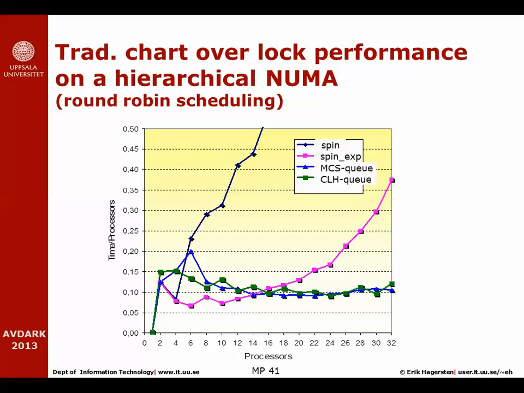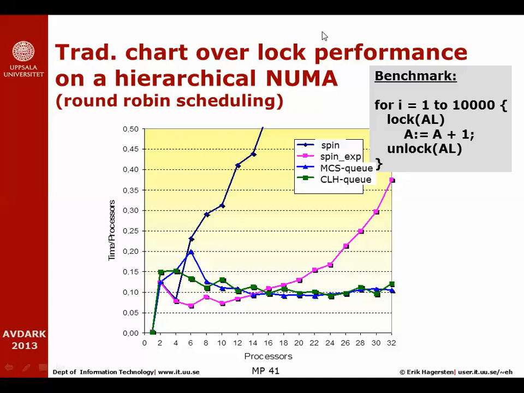However, you can do better than this. By the way, this is the benchmark that we did. This is an artificial benchmark. This is no real application. It's just how quickly can you get into the lock. You just get into the lock, you increment some shared data structure, and then you get out of the lock.